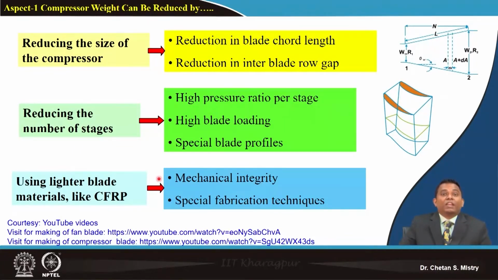That demands special kinds of fabrication technology, and that is where research and development activities are going on. So these are the solutions people have found to reduce the weight and the size of the engine, and research these days is going on to address these challenges on our right hand side.